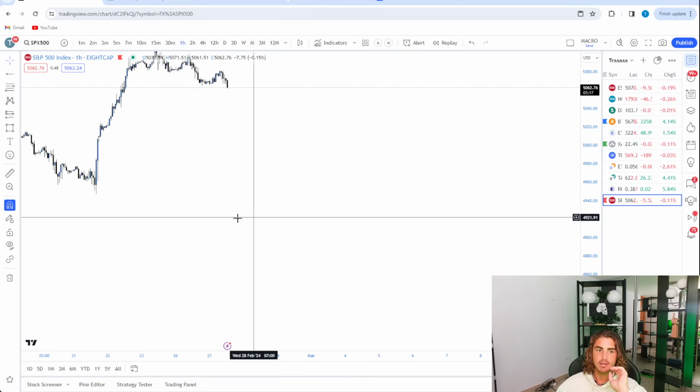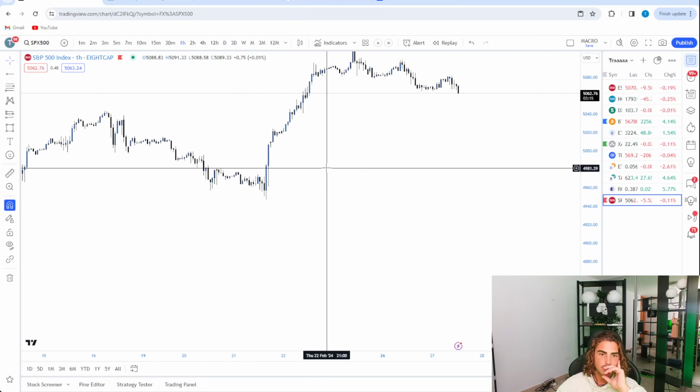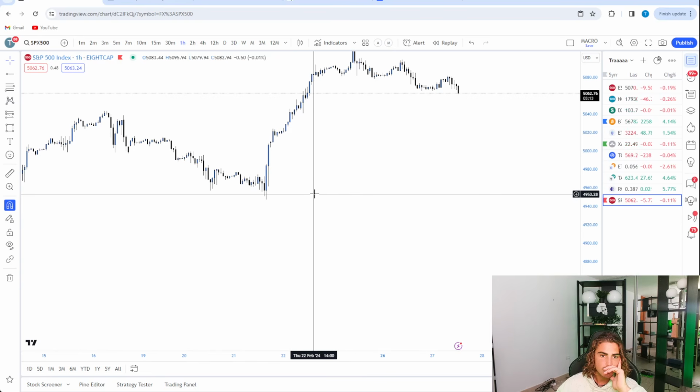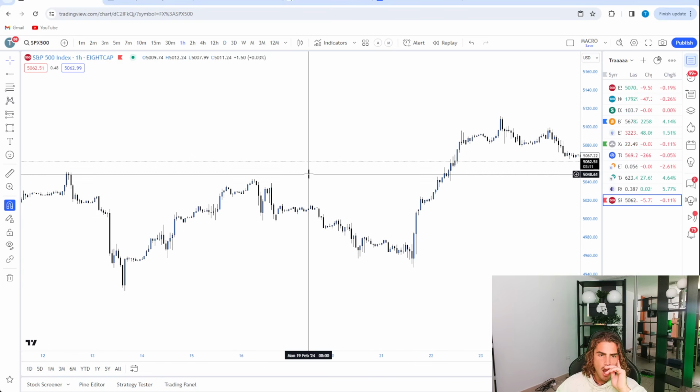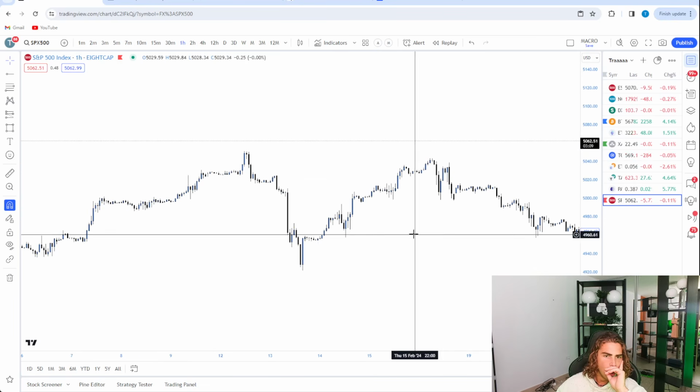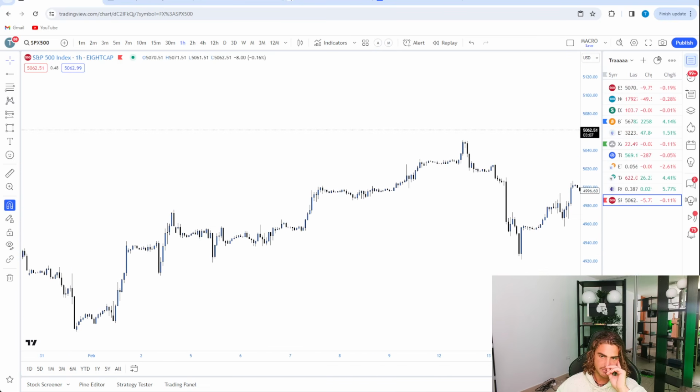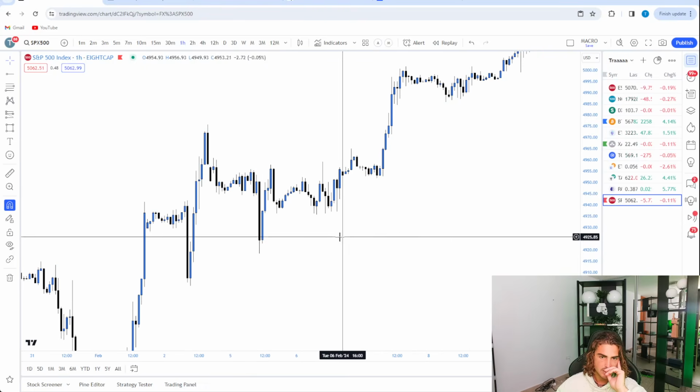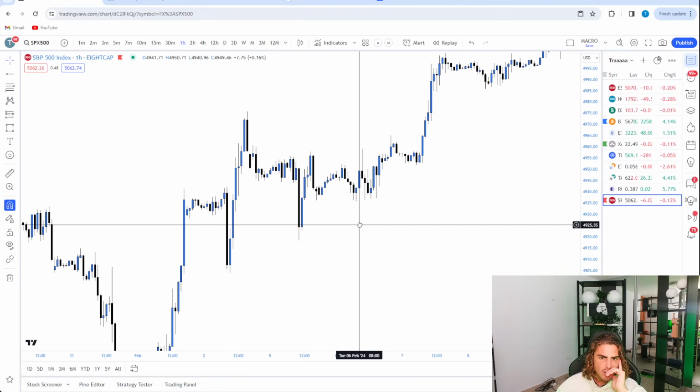See if I can find any on the lower time frames. Kind of harder to spot on the lower time frame because there's so many highs and lows. It's a bit harder to track.